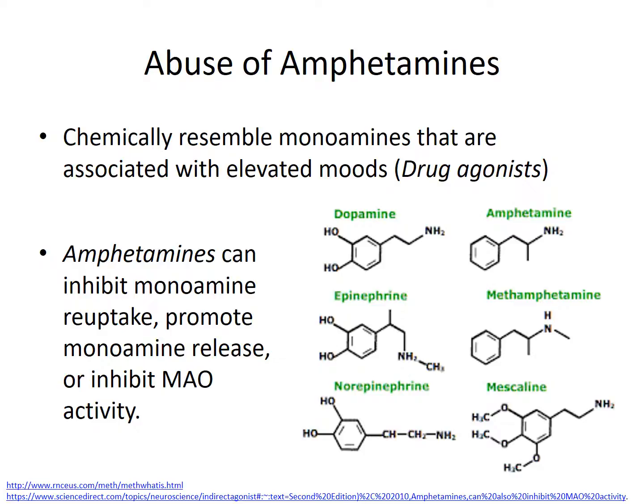Because of their similar structures to these monoamines that are associated with elevated moods, therefore being drug agonists, the methamphetamines can inhibit monoamine uptake, promote their release, or inhibit monoamine oxidase activity. They can bind to the receptors, inhibit their breakdown, or promote more release of monoamines.